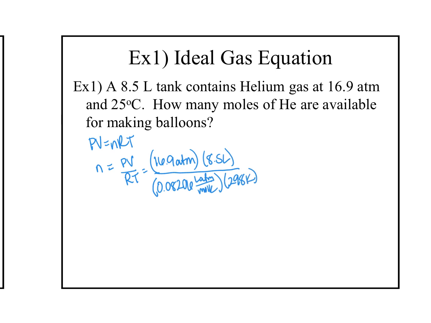Let's make sure we're being careful with those and setting things up appropriately. Atmospheres cancel, liters cancel, kelvins cancel. So the only thing we have left is moles. It's per mole, so that mole comes up to the top, which is what we want. We want to end up with moles. So n, and our answer here, with 2 sig figs because of that 8.5 liters, is 5.9 moles of helium.